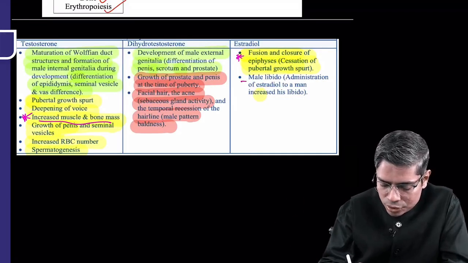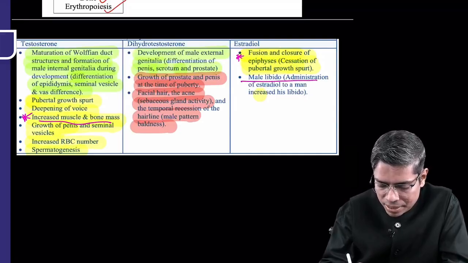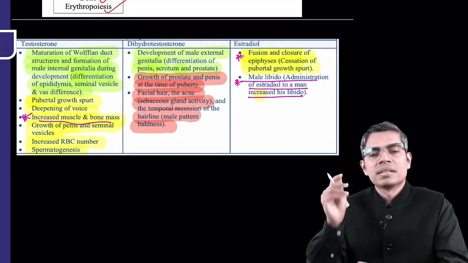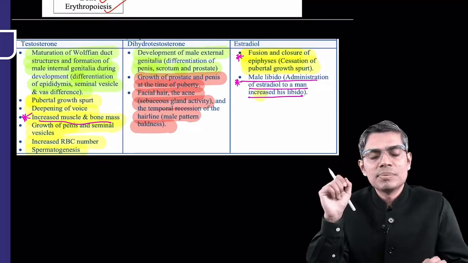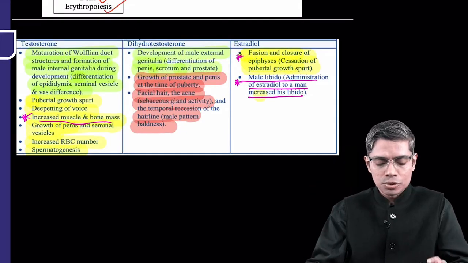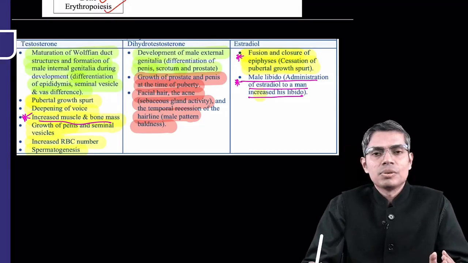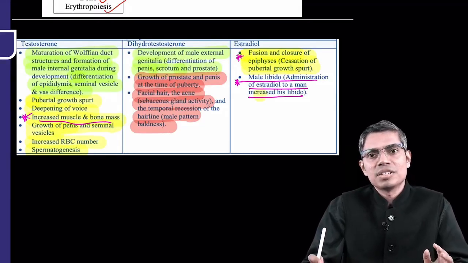As well as, administration of estradiol to a man increases the libido. That's why I told you that estrogen also controls the libido of a male person. So this is all about male reproductive physiology, which you have to read for your MCQ purpose.